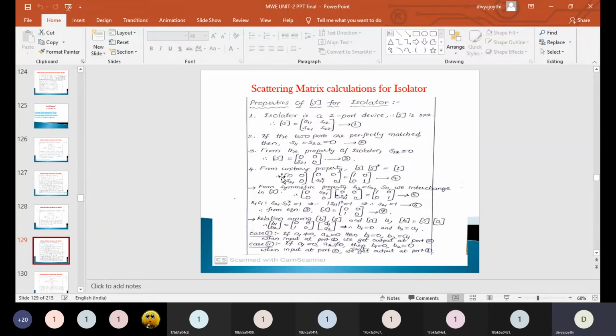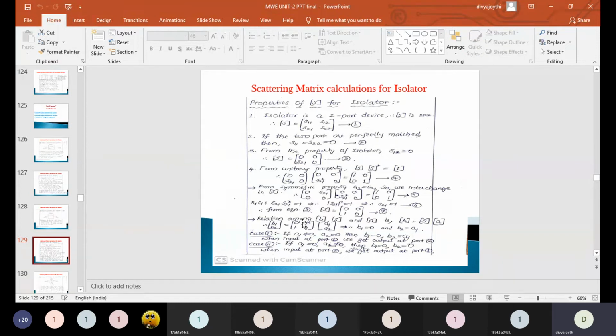S12 is 0. So there is a little change in this matrix. Here you will be getting S21, and in place of S21 over here you are replacing 0 in order to get the value of S21. Okay, so with this, we have the value of S21 as 1.